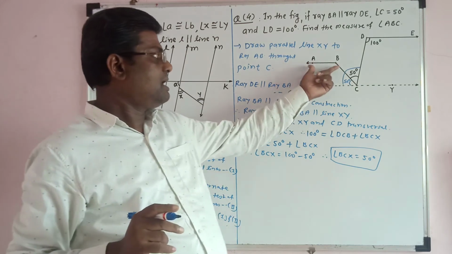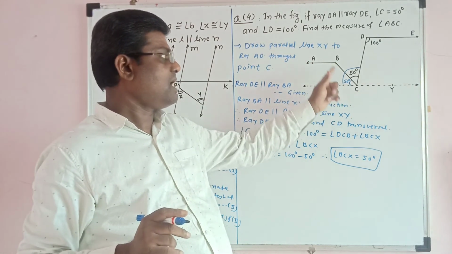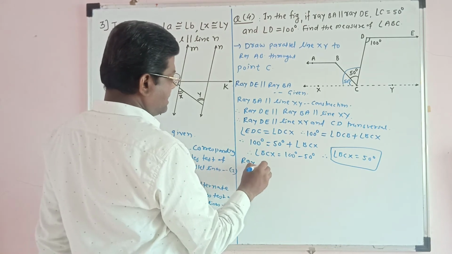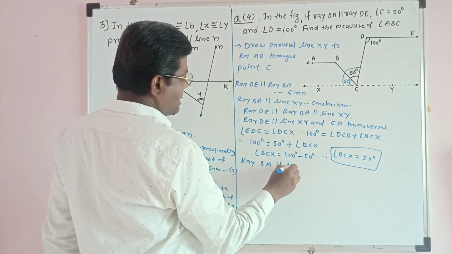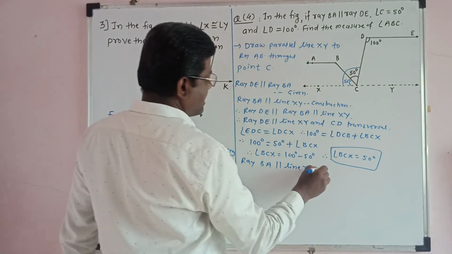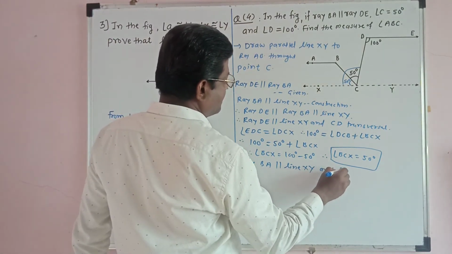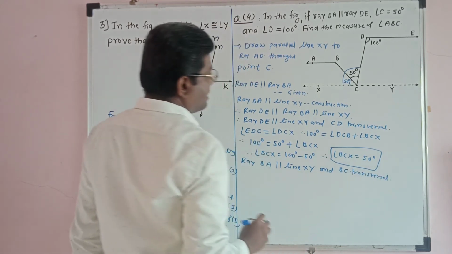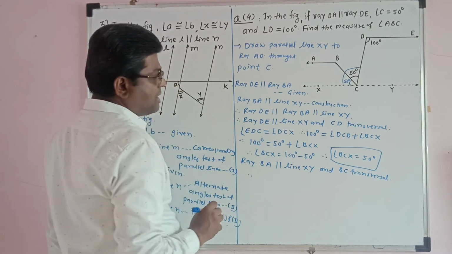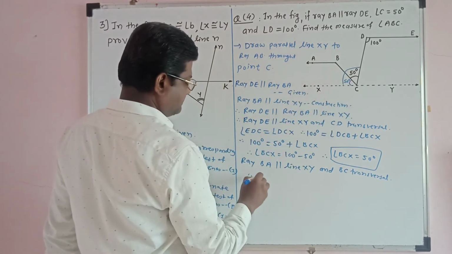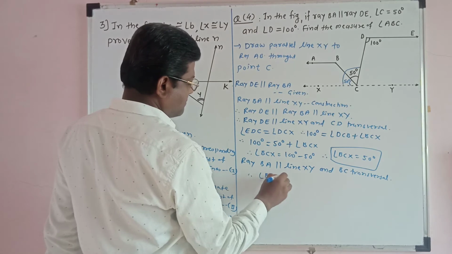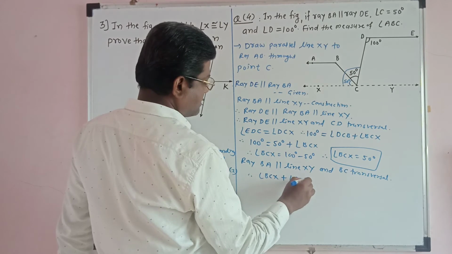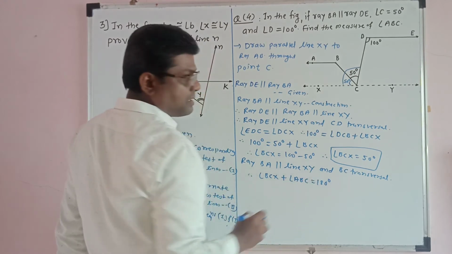Now, ray BA parallel to line XY and BC transversal. Therefore, angle BCX plus angle ABC is equal to 180 degree.